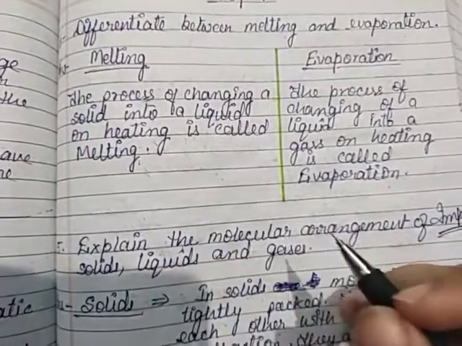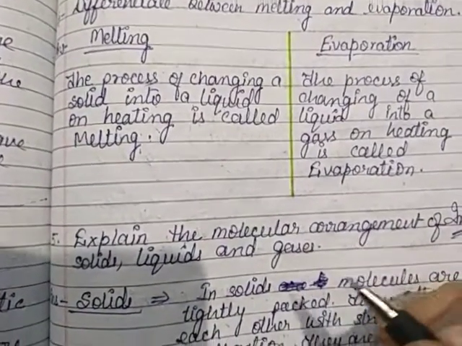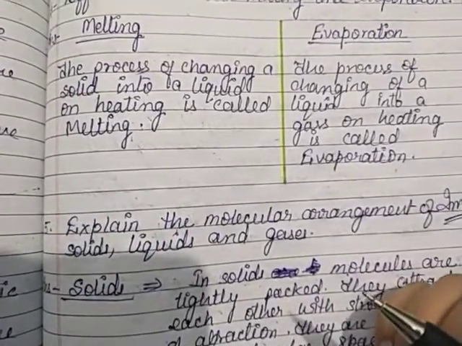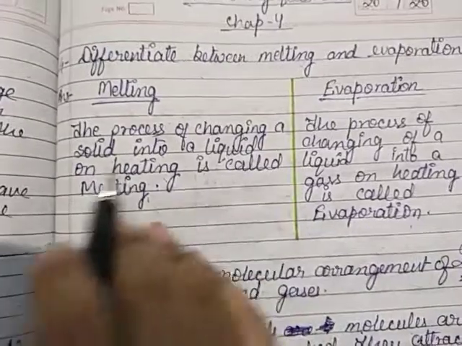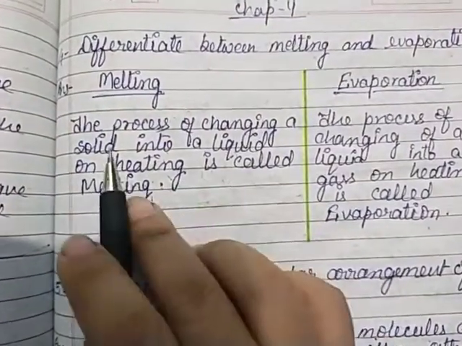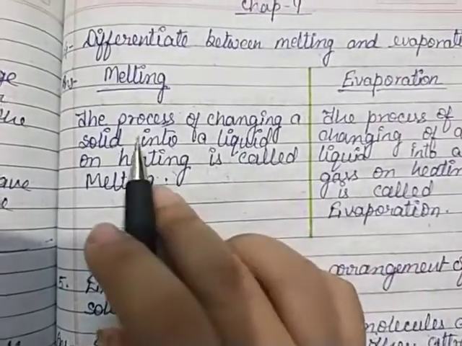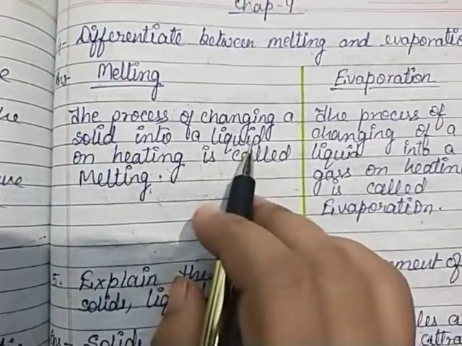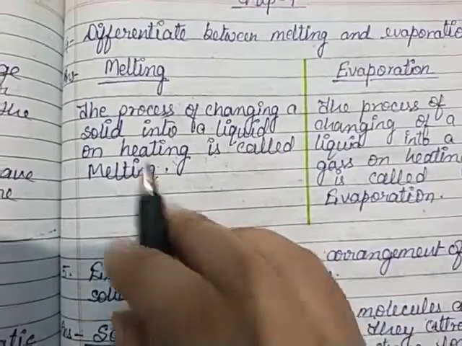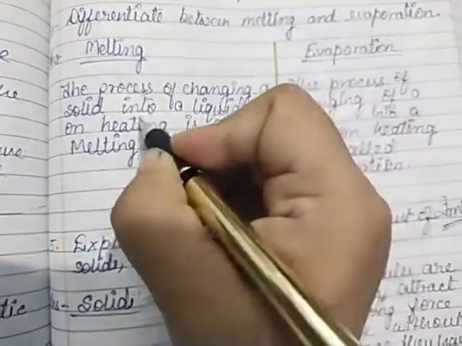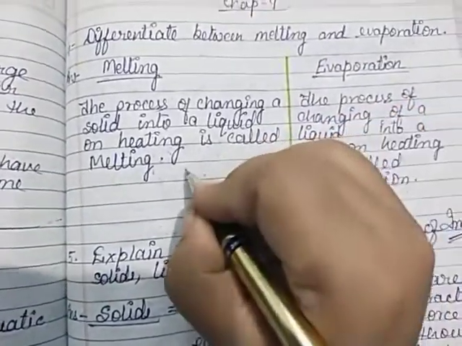Melting is the process of converting a solid into a liquid by the change of temperature. We are changing the solid into a liquid by heating, and this is called melting.